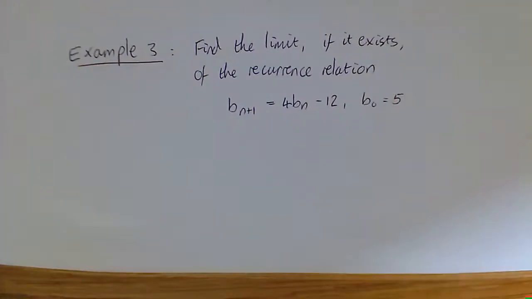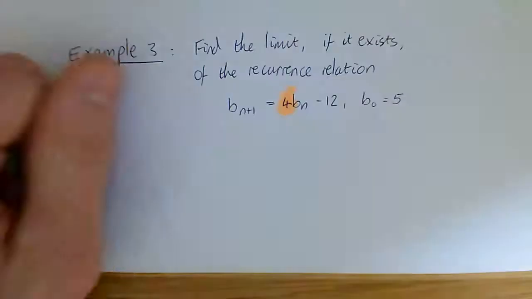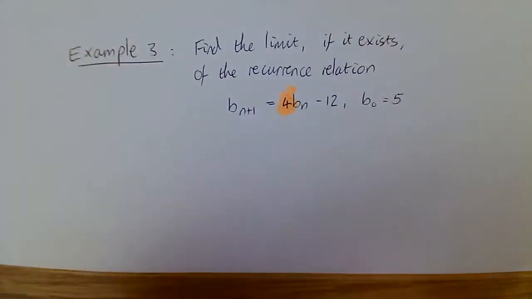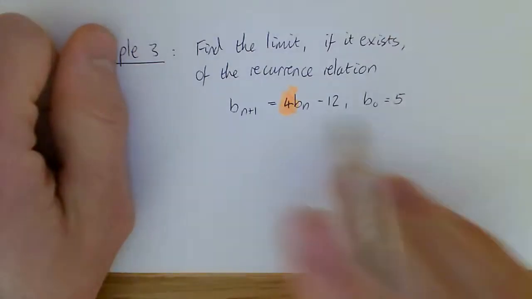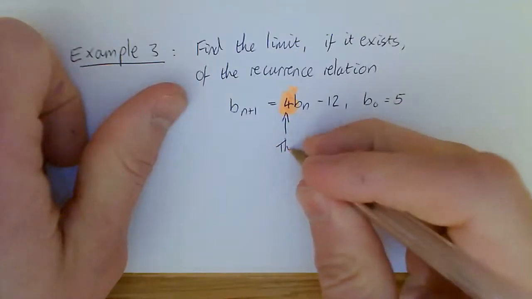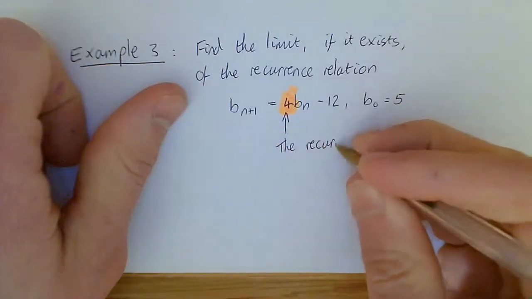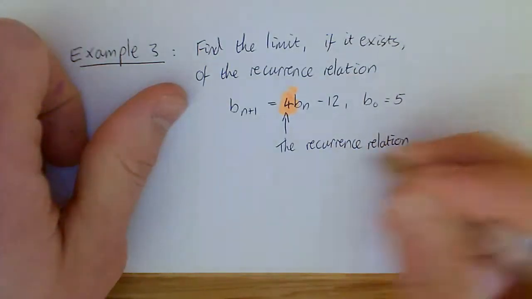Okay, example 3, and this is kind of a non-example for a reason that's about to become very obvious. Find the limit, if it exists, of the recurrence relation bn plus 1 equals 4bn minus 12. This is a major alarm bell. The number in front of our bn, our previous term, is bigger than 1. That means the recurrence relation does not converge.